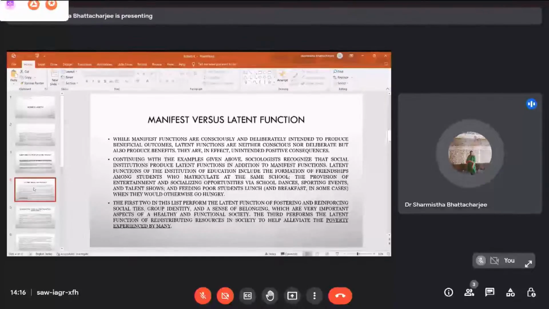Latent functions of the institution of education include formation of friendships among students who attend the same school, the provision of entertainment and socializing opportunities via school dances, sporting events and talent shows, and feeding poor students lunch and breakfast in some cases, who would otherwise go hungry.